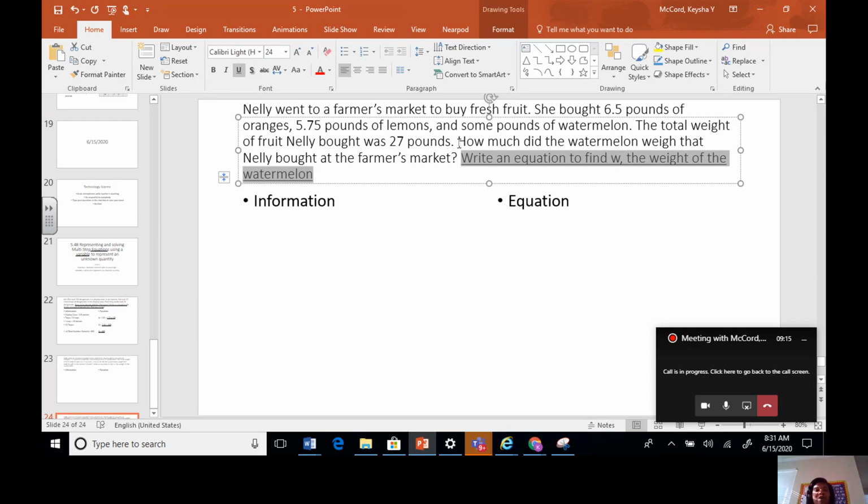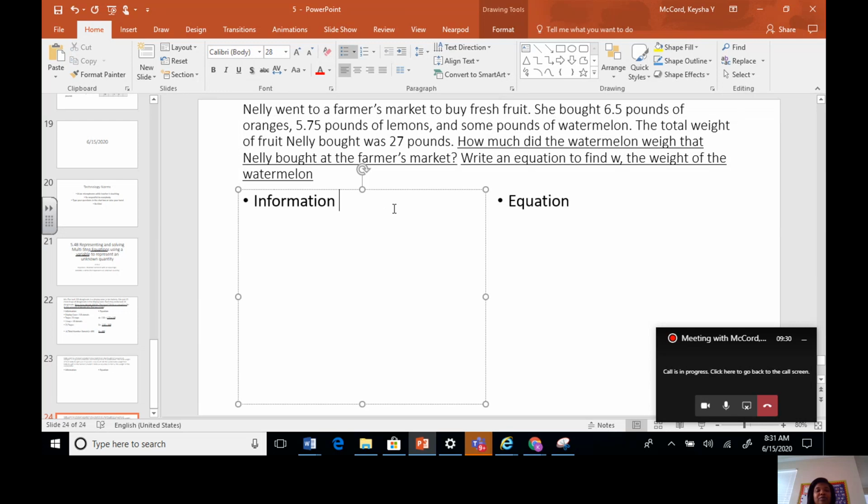How much did the watermelon weigh that Nellie bought from the farmer's market? So I want to find out how much the watermelon weighed that she bought. So that's what I'm trying to figure out. So in my equation, I'm going to solve for W. Okay, but we're going to talk about how we get to W.